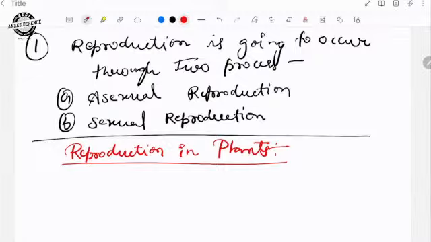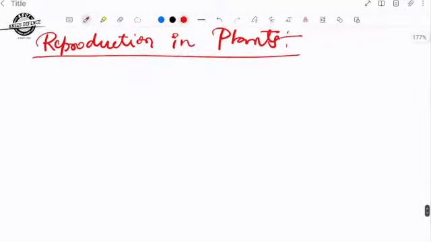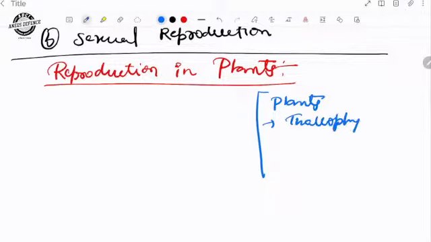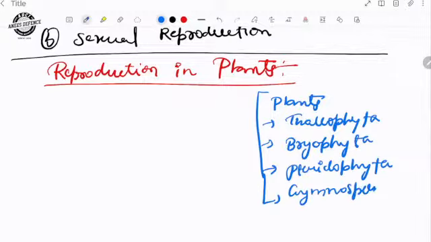Okay, understood? Before we start reproduction in plants, we should know the differentiation, the classification of plants, in which way plants are classified. Plants are classified into first Thallophyta, we should know this, Bryophyta, Pteridophyta, Gymnosperm, and Angiosperm.